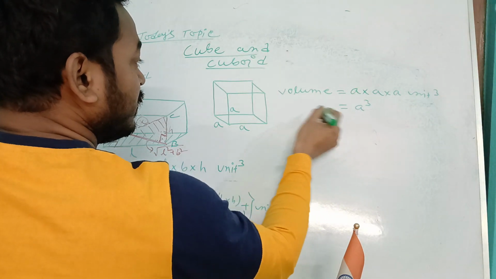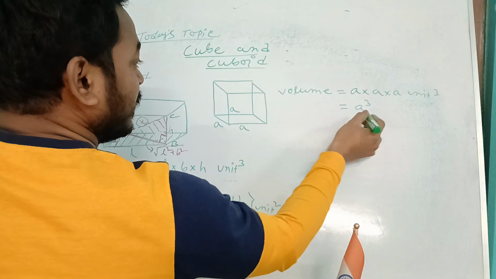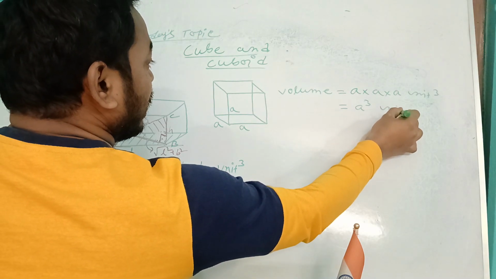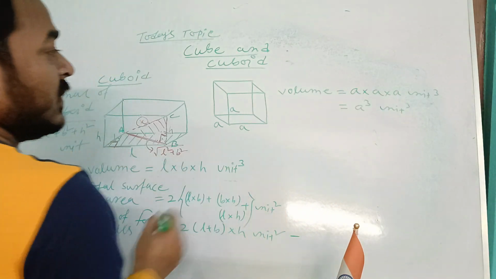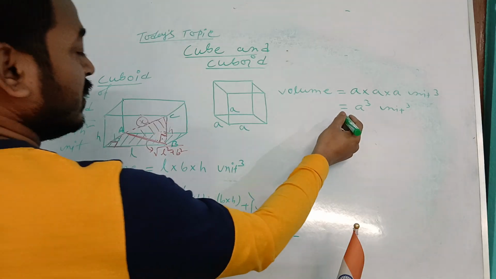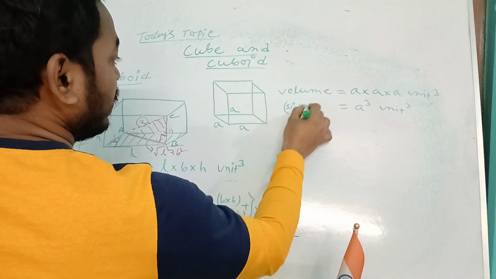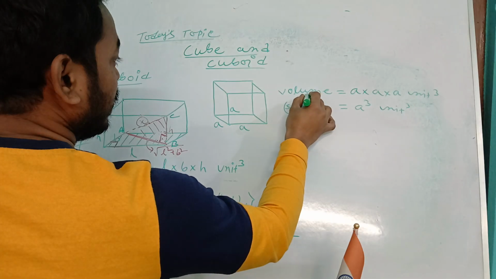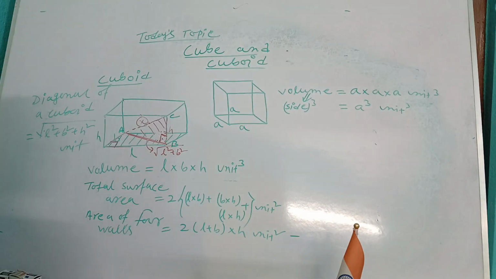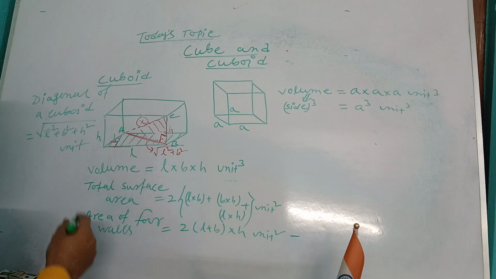So a cube means volume. That's why it can be written as side cube. So the volume formula for cube is side cube, in cubic unit.